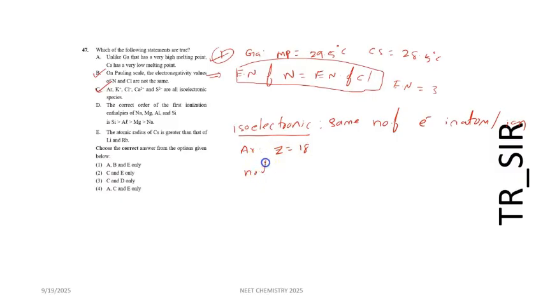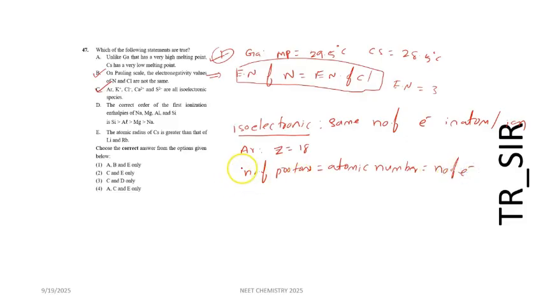So keep this one point: the number of protons is equal to the atomic number, and that is equal to the number of electrons.